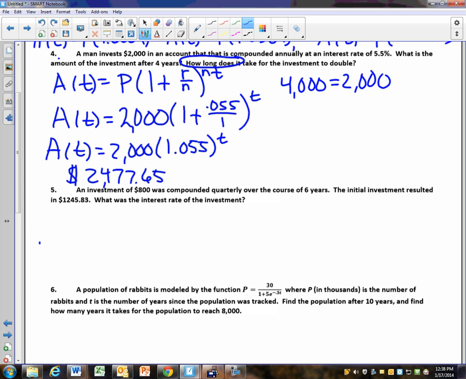So we put 4,000 in for our amount because the principal doubled, equal to 2,000 times 1.055 raised to the T power. That's the equation we want to solve. Now we want to know at what time makes that possible. How do you solve that equation?